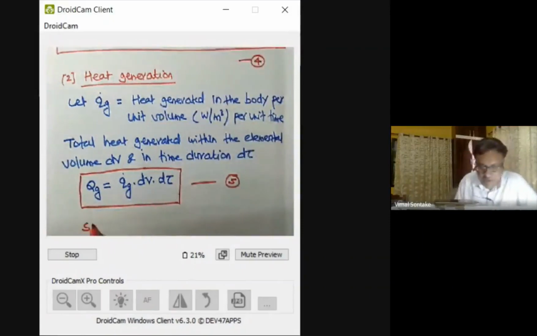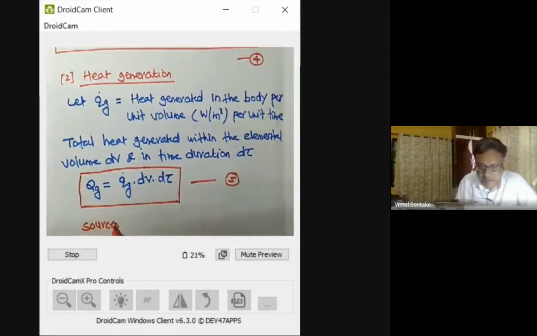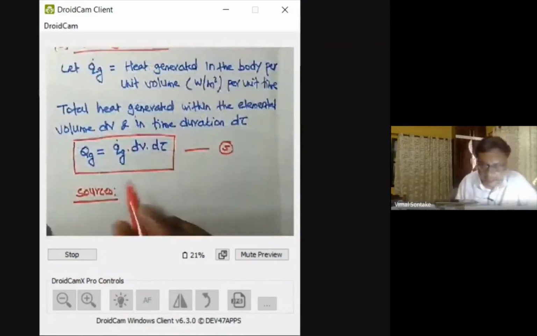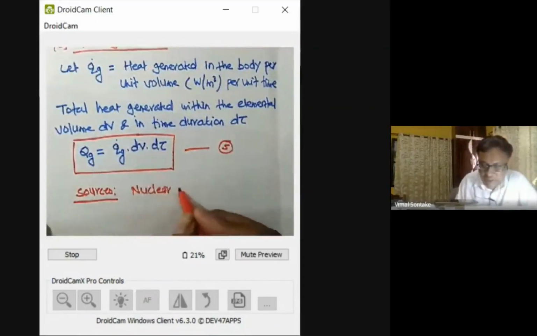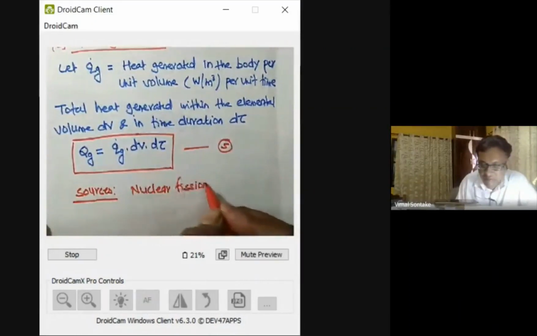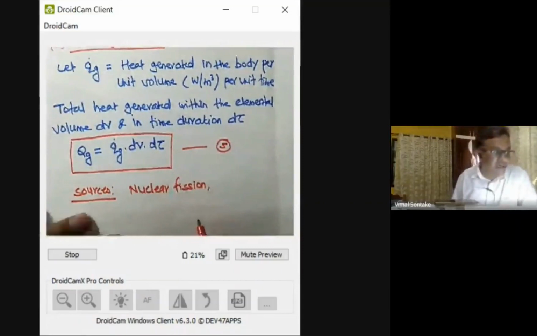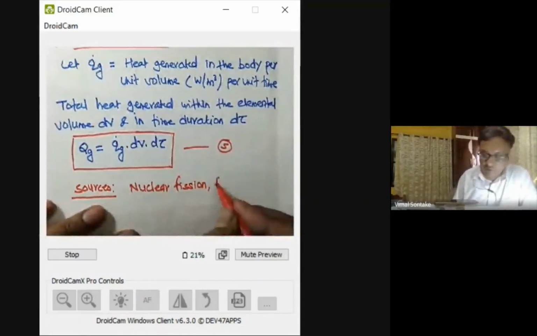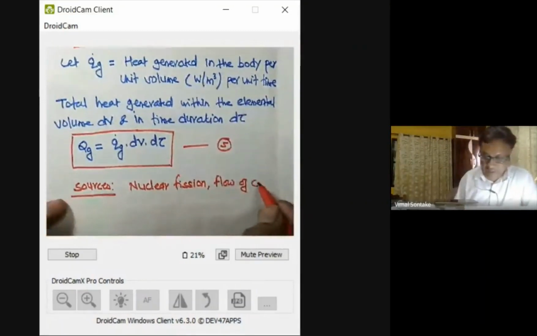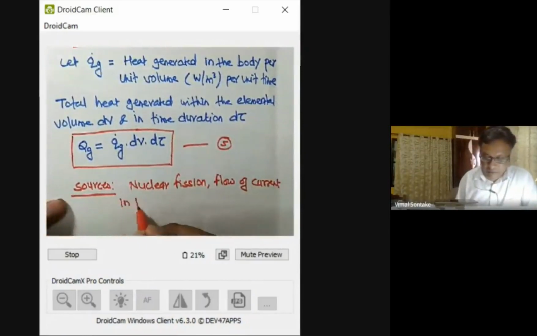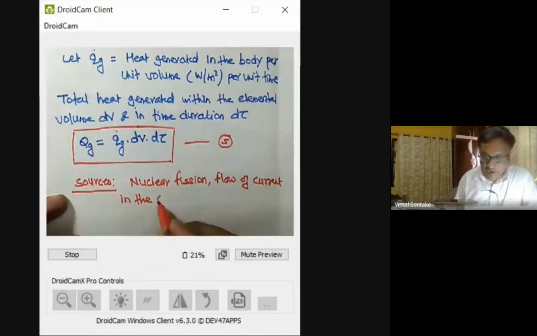Now what can be the sources of heat generation? Why heat can be generated within the control volume or any body? Heat can be generated due to nuclear fission reaction. Heat can be generated within the control volume due to flow of current in the coils of electric motor.